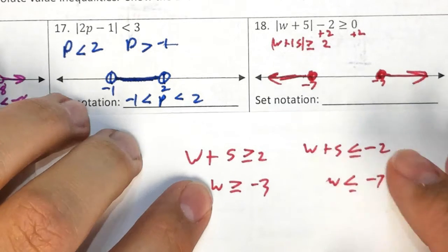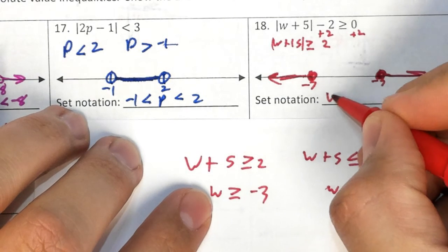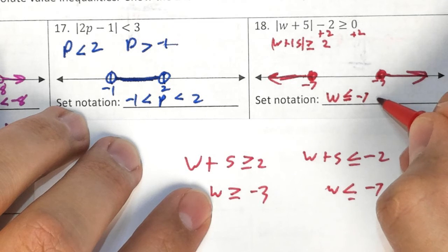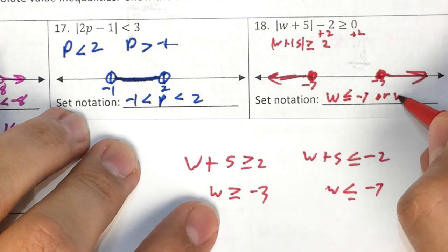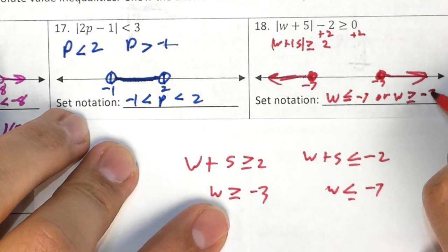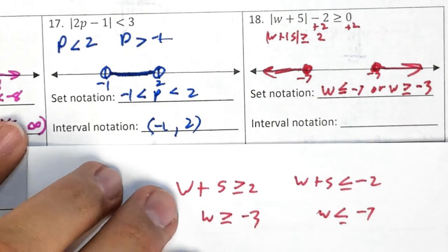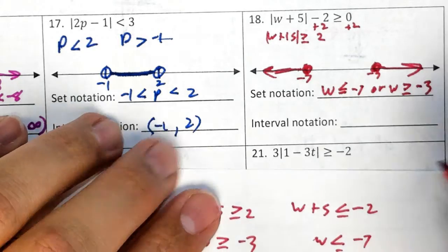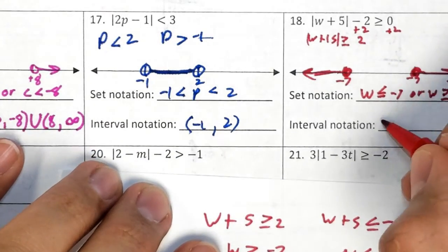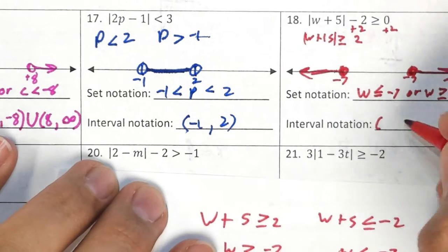Set notation is basically this down here. W is less than or equal to negative 7, or W is greater than or equal to negative 3. Interval notation for that is going to be like this first one you did over here. All the way over here, we're going to hit negative infinity.